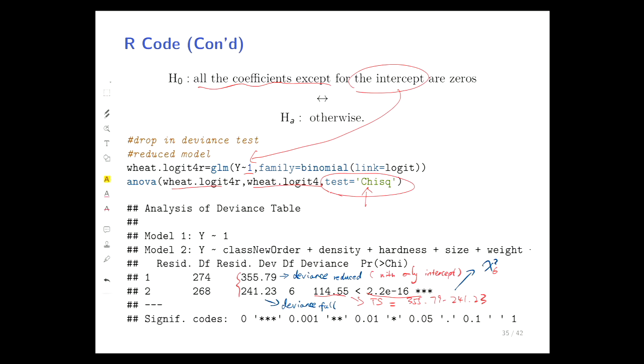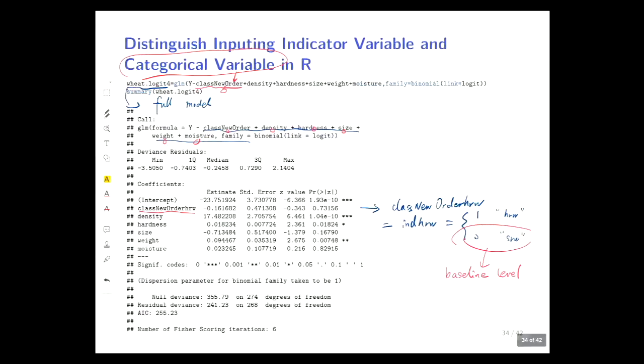And if we compare this page to the previous page, we can also see these 2 deviances. Firstly, we have the residual deviance in this summary output, which is actually the deviance of the full model on the next page. And also here we have the null deviance, which is actually the deviance of the reduced model with intercept only.